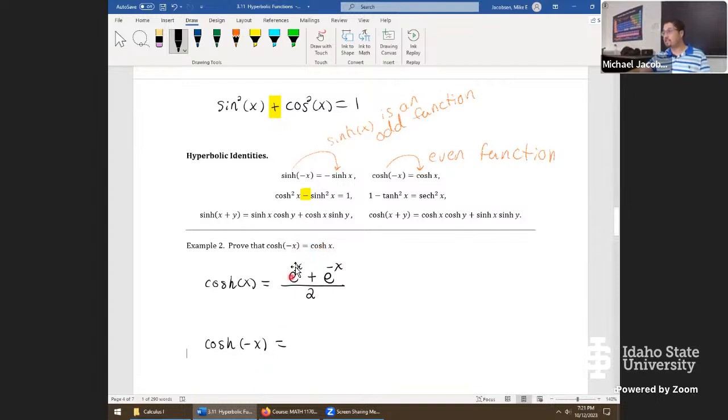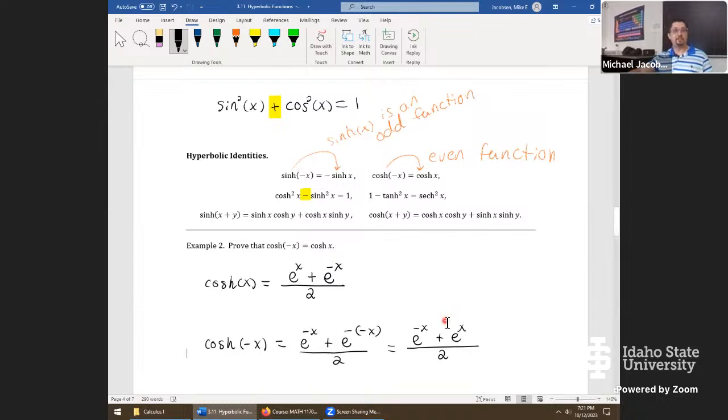Now for cosh of negative x, we're just plugging negative x into those two positions. It will be e to the power of negative x plus e to the power of, here, let's be careful, negative of negative x, divided by 2. Upon simplifying, we now have e to the negative x plus e to the x, over 2.